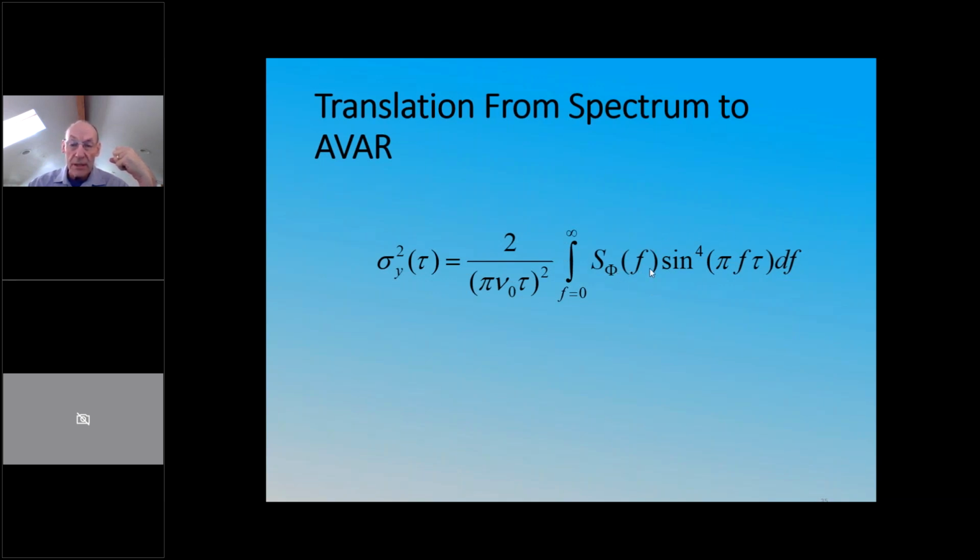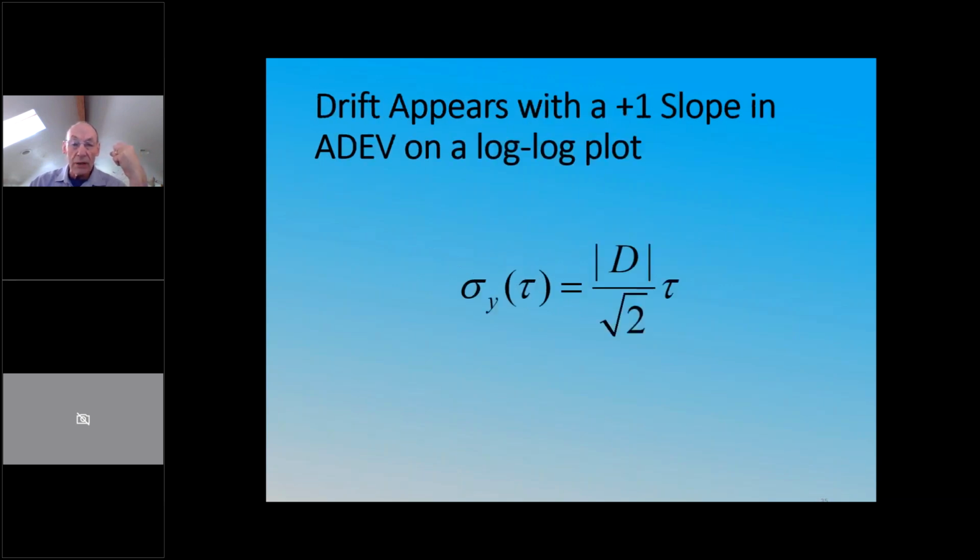Here, capital S sub phi of f is the spectrum of the phase noise. And this is kind of a transfer function, the sine to the 4th power. If you integrate the spectrum against the sine to the 4th of this term, you get exactly the Allan variance. So there's a direct translation between the Allan variance and the spectrum. And there's also a drift term. The drift appears as a +1 slope.